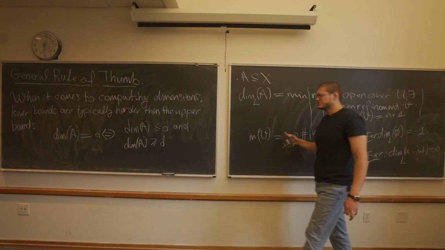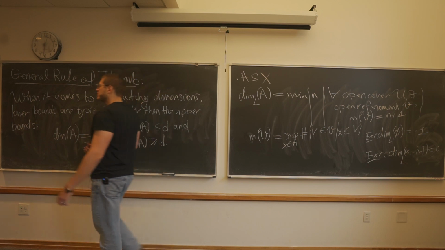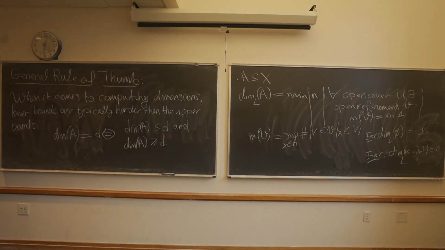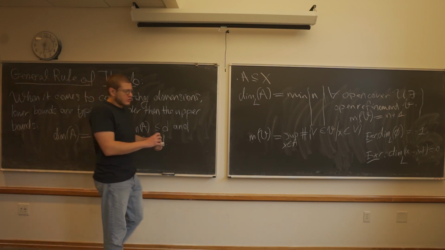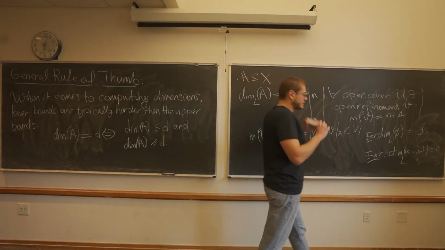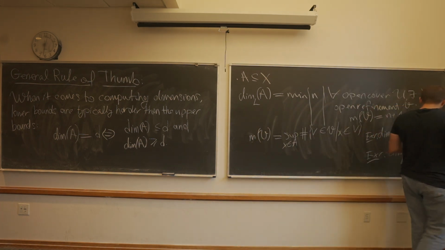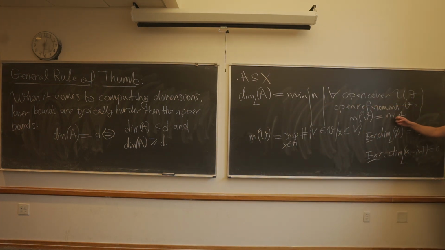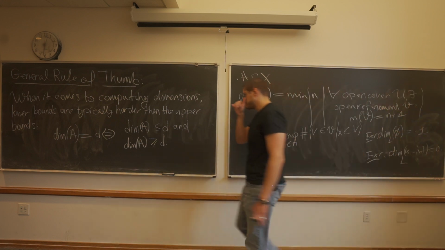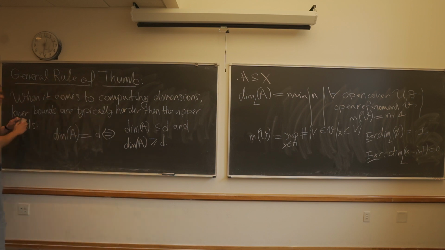Based on this definition, heuristically, that should mean you get to cover your set using open balls or open subsets of arbitrarily small diameter that do not intersect, right? Because in the multiplicity, I'm counting the number of intersections. And so dimension being equal to 0 means that you get to cover by things that don't intersect. So in a sense, that is some notion of disconnectedness.